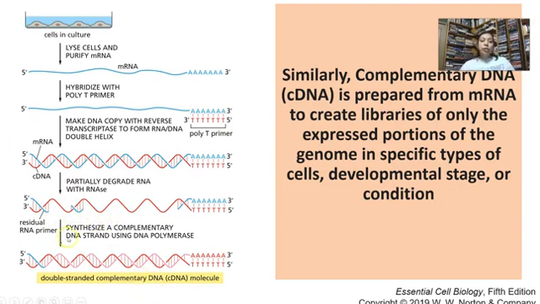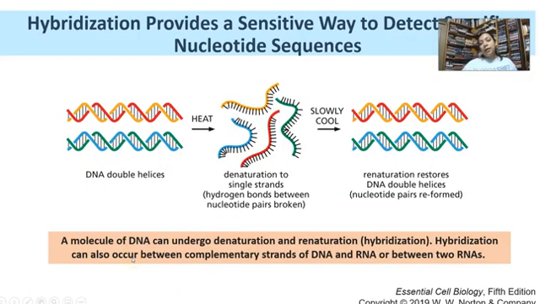This leads to creating a new molecule structure that is basically the double-stranded complementary DNA, or cDNA molecule, which can then be input into a library, again using the same technique as before.